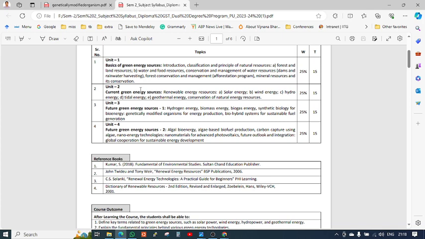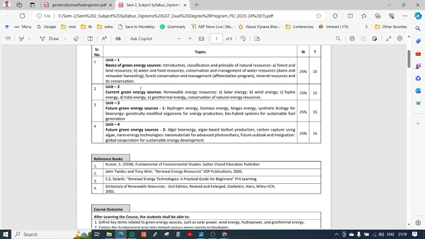The remaining topics are hydrogen energy, biomass, biogas, synthetic biology, GMO, biohybrid system, and sustainable fuel generation. We may have another class on this. GMO and synthetic biology are both interrelated, as they are mostly applied in energy production. We are utilizing GMOs in these processes.